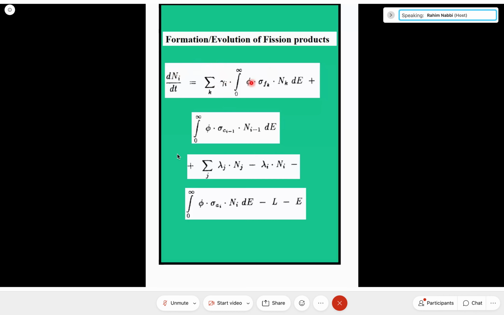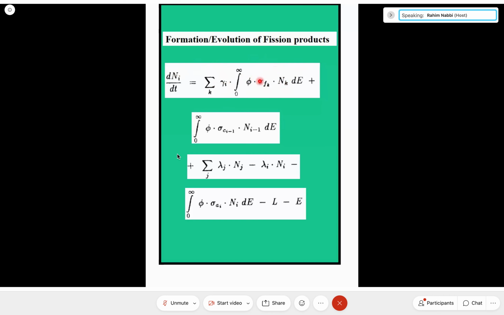Well, this integral here is, again, the number of fissions we make in the fuel. Number of fissions, but during a cycle, we have different fissionable material, fissile. For example, uranium-235 and partly plutonium-239 produced from uranium-238.